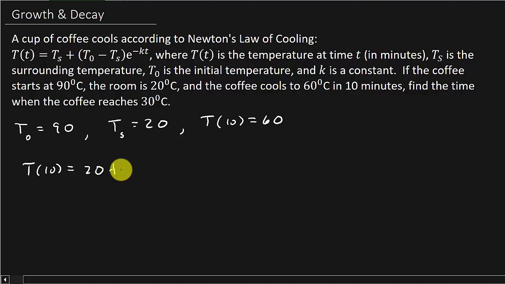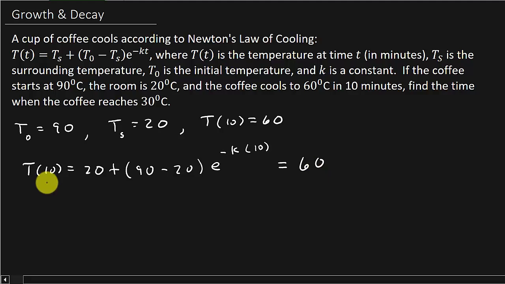20 plus 90 minus 20 times e to the negative k. And remember, the 10, we're plugging that in for the lowercase t. And when we plug all that in, we should get 60 as an answer.